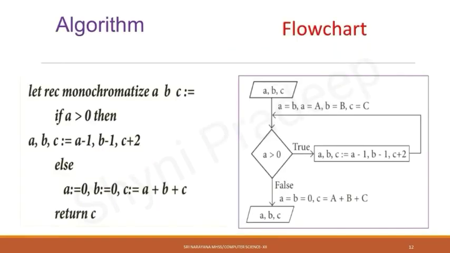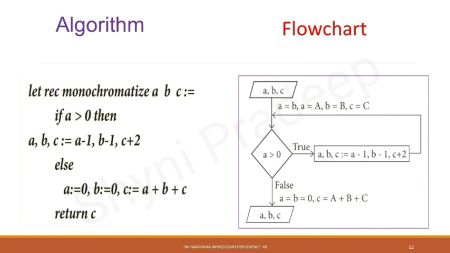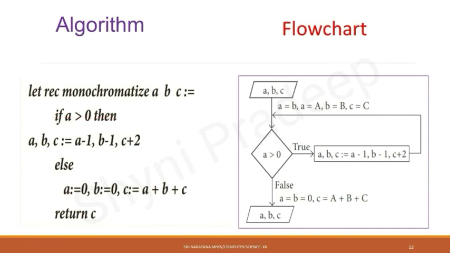So now let us see the algorithm and flowchart for this Chameleon Island problem using functions. The algorithm name is monochromatize. One if condition is given, that is A is greater than 0. If that condition is true, then you have to execute A is equal to A minus 1, B is equal to B minus 1 and C is equal to C plus 2, which means A will decrease by 1, B will decrease by 1 and C will increase by 2.